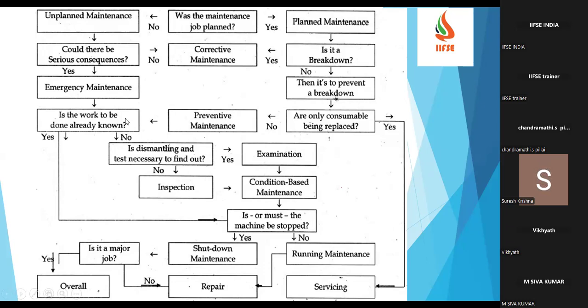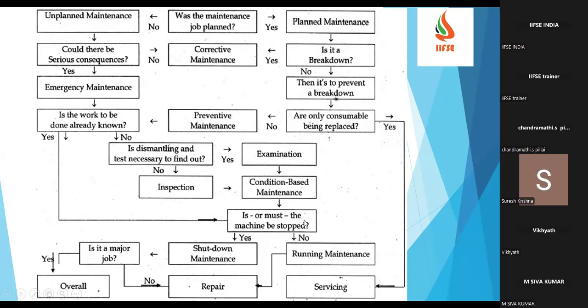Then it leads to: is the work to be done already known? If you know the activity, then it goes to whether the machine is to be stopped or not. If you want to stop the machine, it will go for shutdown maintenance. Then, is it a major job or a smaller job? If it is major, it is an overall maintenance, or if it is not, it is a small repair.